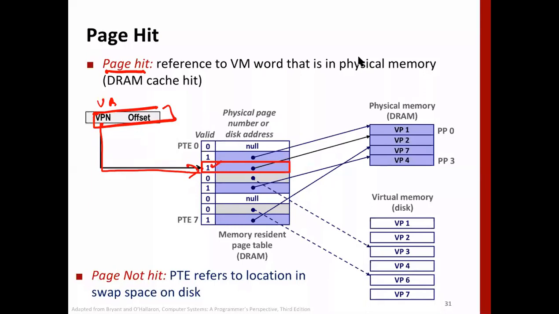Its valid bit is 1. It means that it exists in main memory. It means there is a hit. The second case is if it does not exist, which is a page miss, then the page table entry, for example here, refers to a location in swap space on disk. So we'll see the next case.